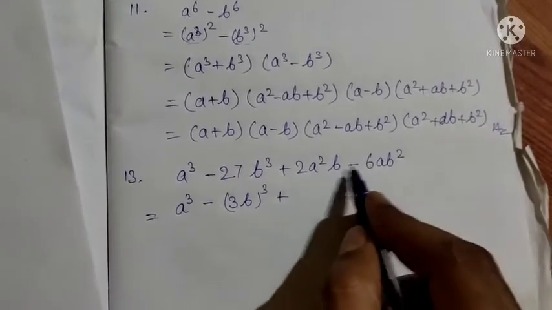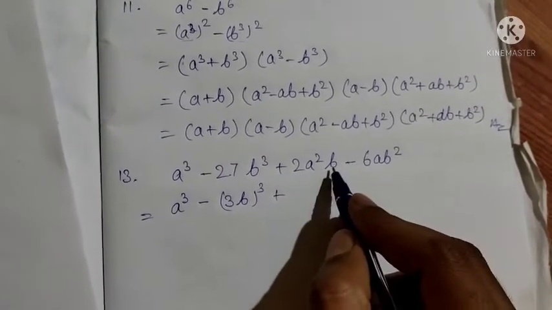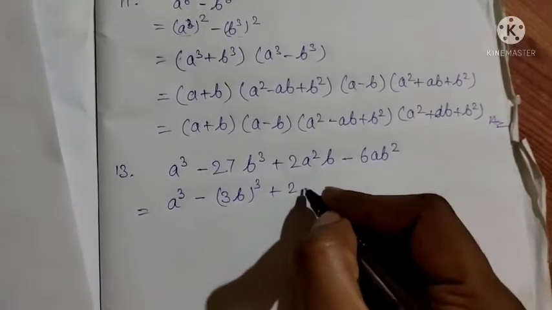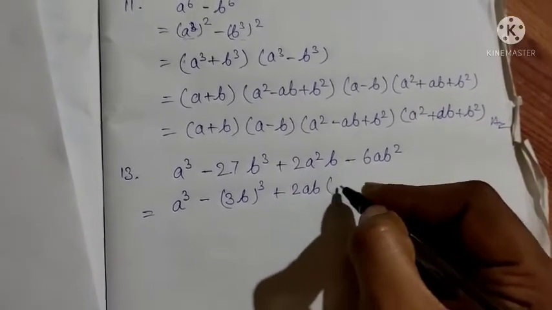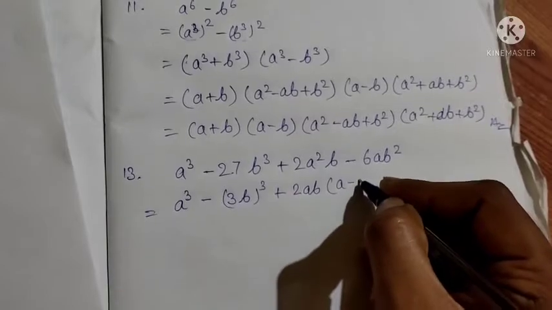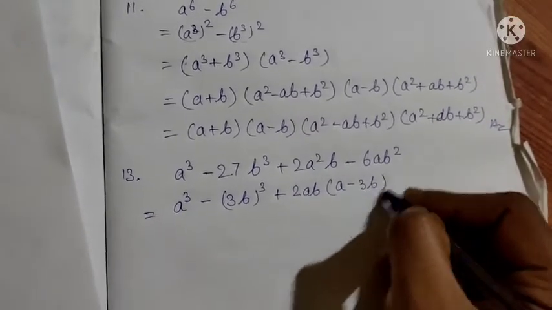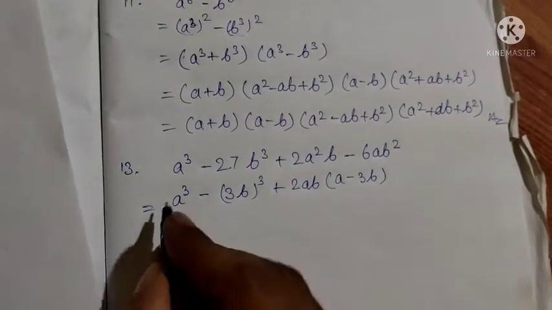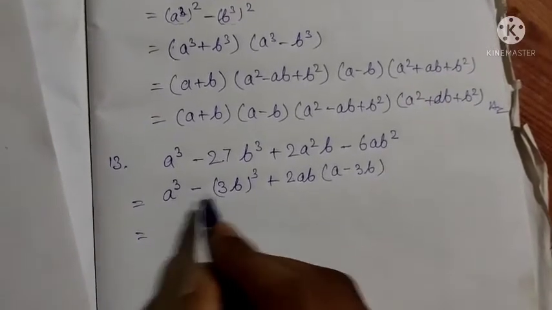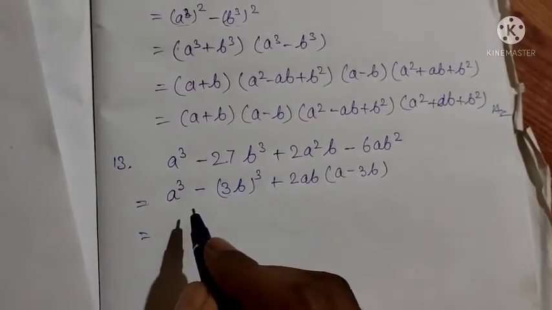From both these two terms we can take common 2ab, then it will be (a minus 3b).